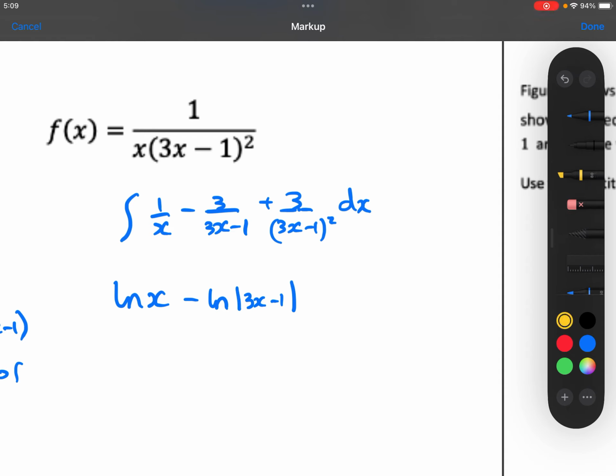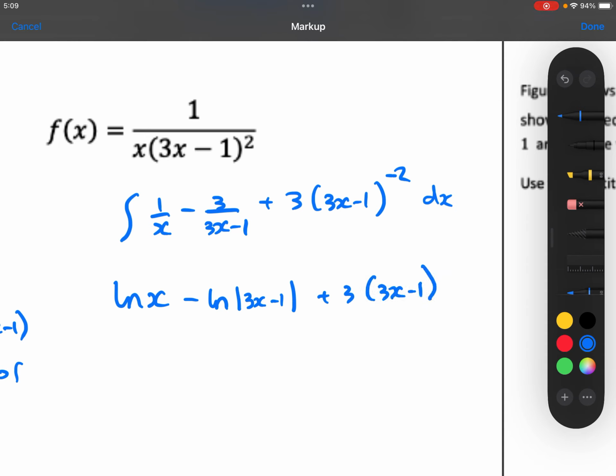And then we need to integrate the 3 over the 3x minus 1 squared. To do that, let me just rewrite that with a negative power, so that I can now add 1 to the power. So minus 2 plus 1 is minus 1. I would divide by the new power, so 3 divided by minus 1 is going to be minus 3.